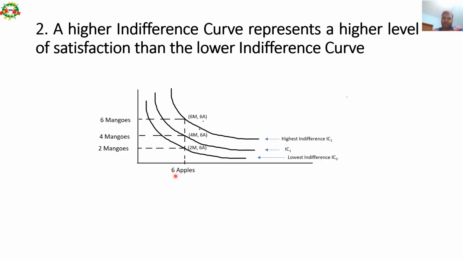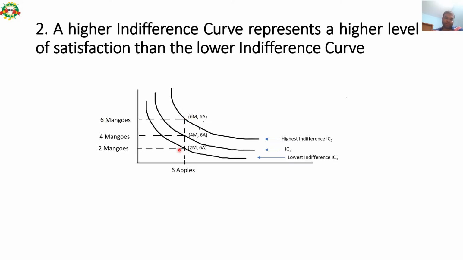For a given level of apple, say 6 apples, if we draw this vertical line, the consumer who is sitting on IC1 will get 4 mangoes. However, a consumer sitting on this higher indifference curve will get 6 mangoes.